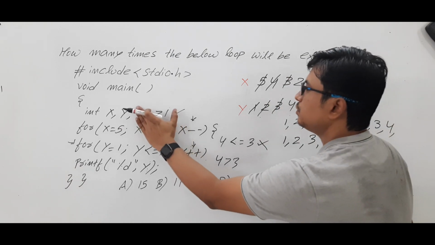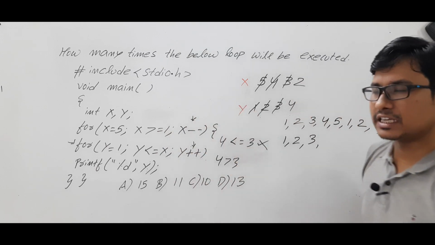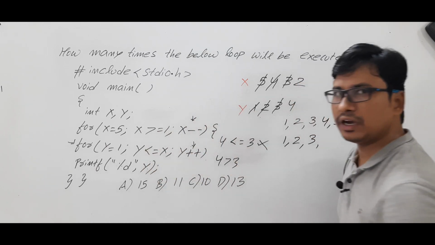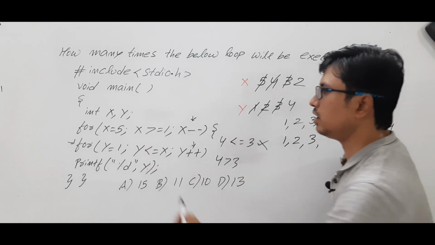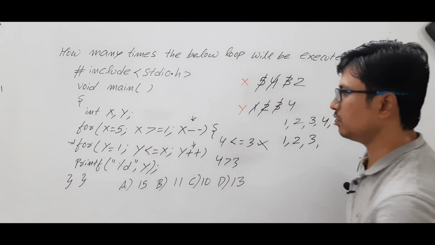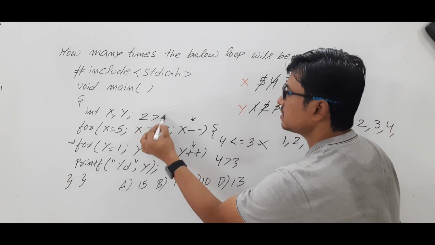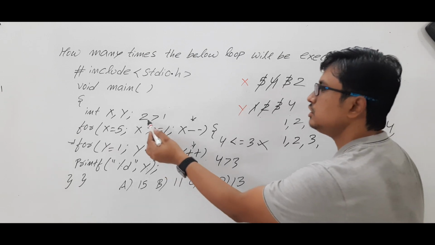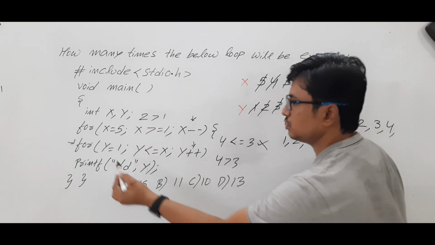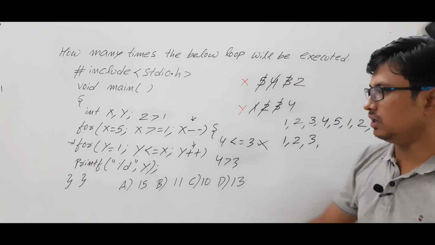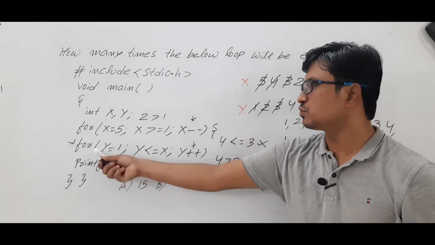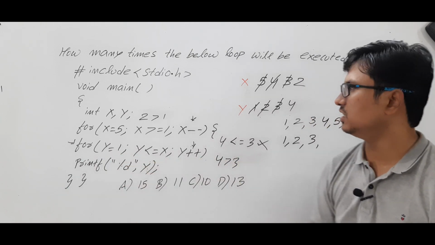Okay. Now after going for the x minus minus, you will go and verify whether this condition is true or not. X greater than or equal to 1. 2 is greater than 1. This condition is true. If this condition is true, again you will execute the inner for loop, which is y is equal to 1 is the initialization.